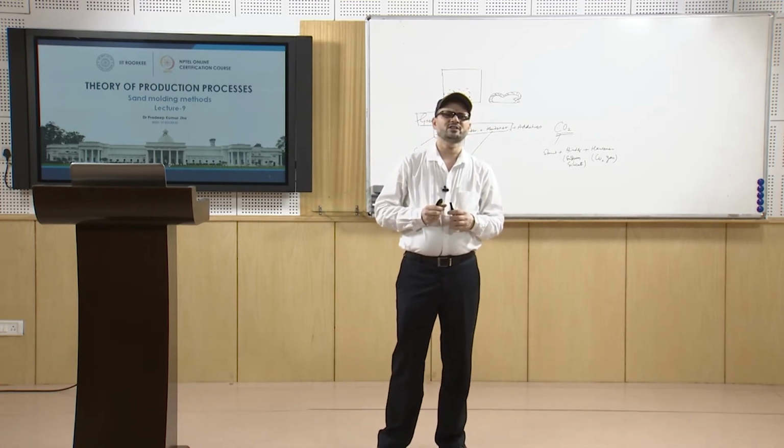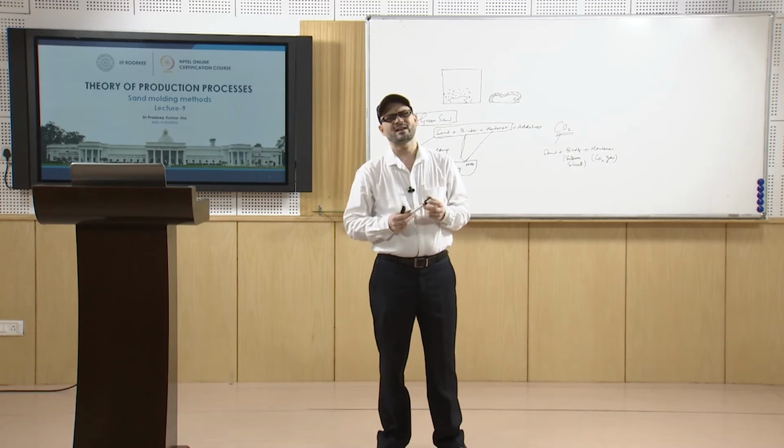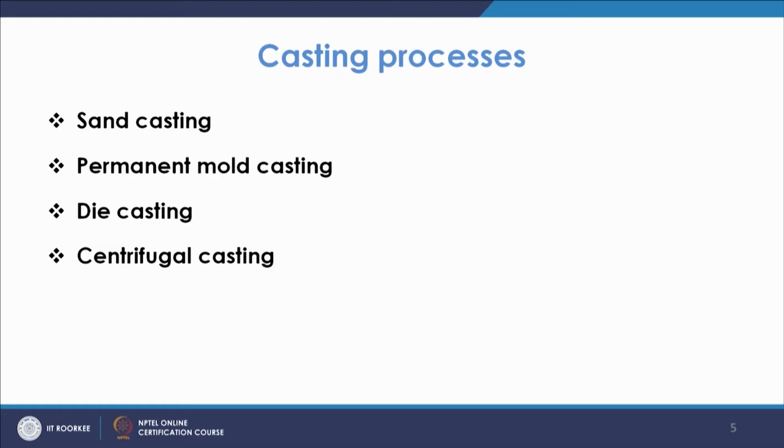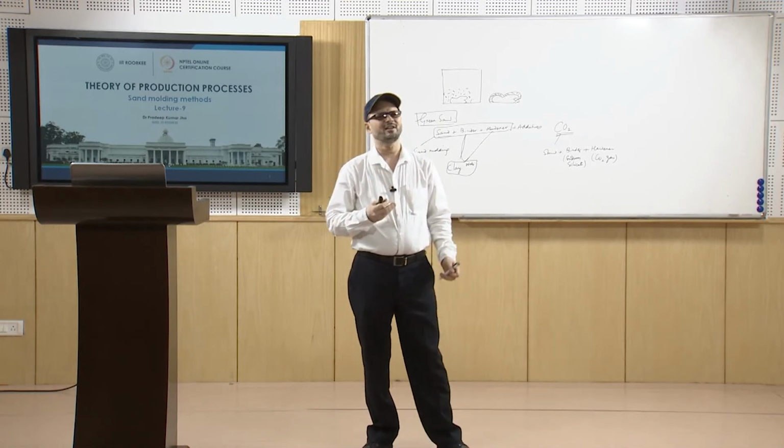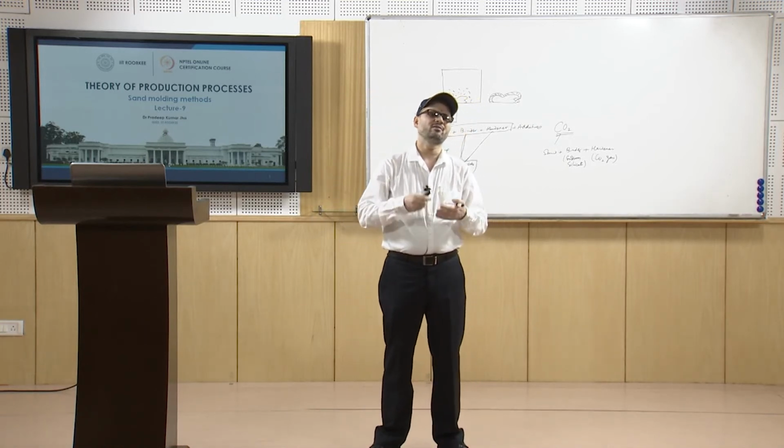Different casting processes, as we discussed, can be classified like sand casting, where the molding material is sand. Then you have permanent mold casting, where the molding material is permanent, like metals and alloys. Then you have die casting. Here also you have molds made of metals.